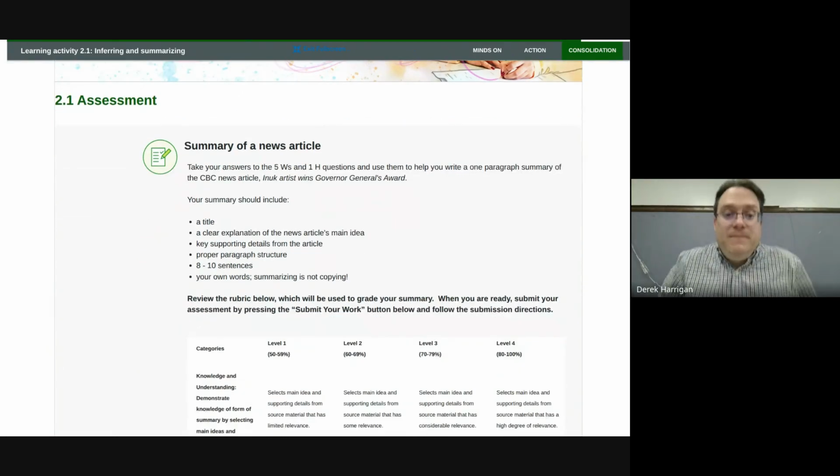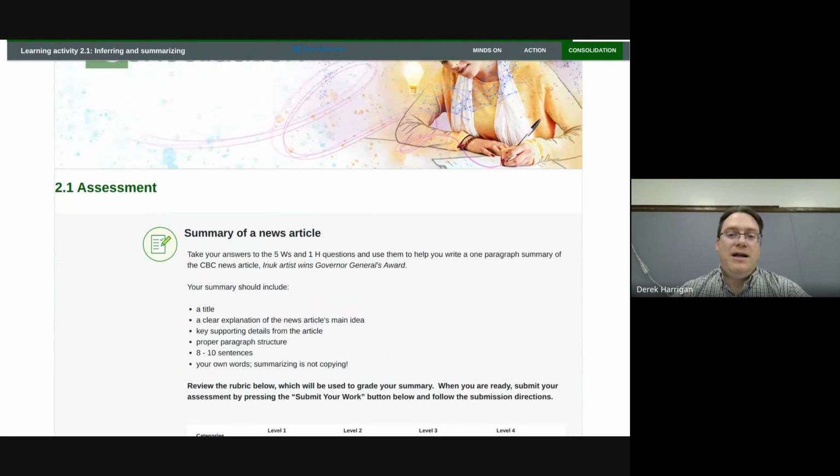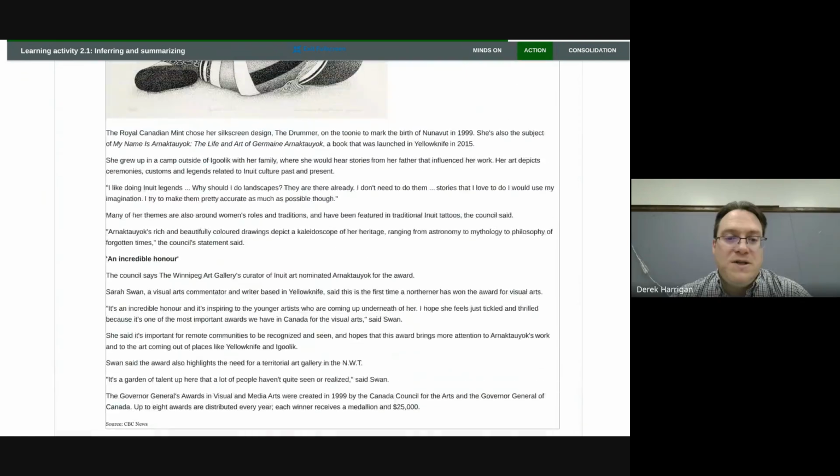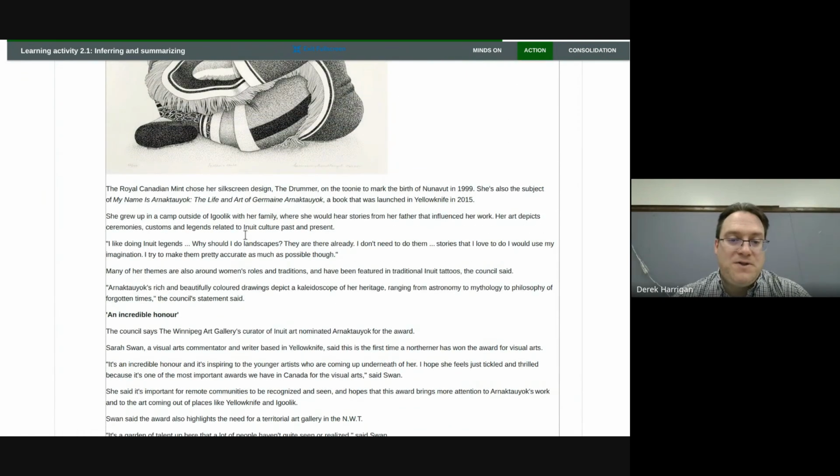Your summary should include a title, a clear explanation of the news article's main idea, key supporting details from the article, proper paragraph structure, 8 to 10 sentences, and it should be written in your own words. Summarizing is not copying. So you're not copying direct words out of this article that you're summarizing.